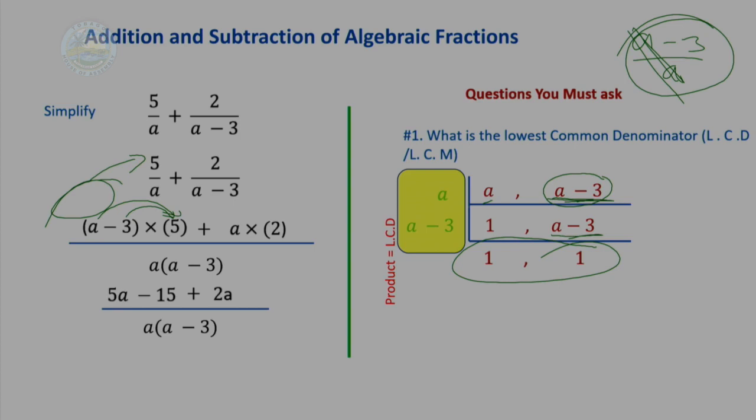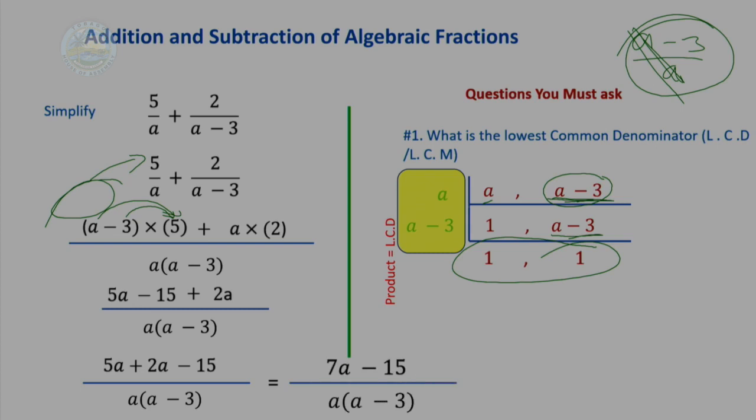Again, laws of addition and subtraction of algebraic terms: group like terms together. So it's going to be 5a plus 2a minus 15, all upon a into a minus 3, which gives me 7a minus 15, all upon a into a minus 3. And that is my answer. It cannot be further simplified.